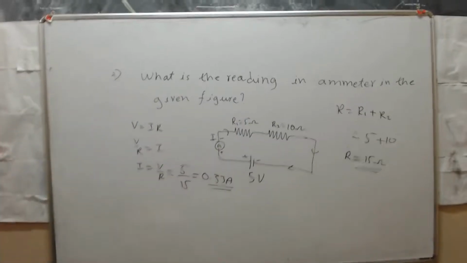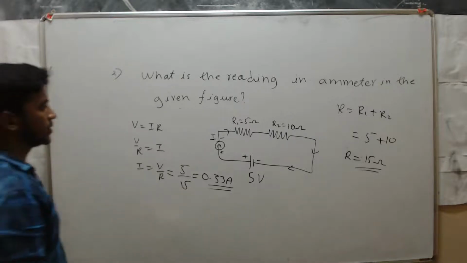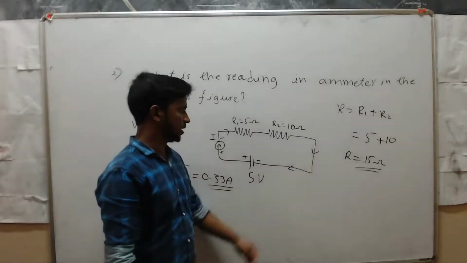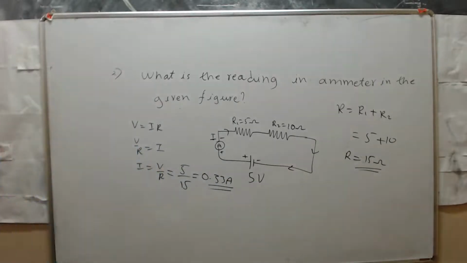So the total current in the circuit is 0.33 ampere. So the current across R1 is also 0.33 and the current across R2 is also 0.33 ampere. Why? Because here the resistors are connected in series.